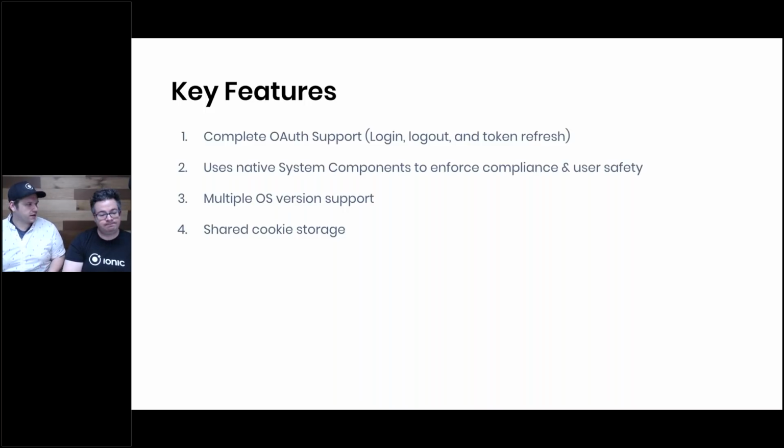So if you're building something like internal apps across your company, using these native components to do this authentication allows you, because they're secured and you're blocked from accessing any of the data, to do things like shared cookie storage. Essentially your user might log in on one of your internal apps and they don't have to log in like 500 times for all your other internal apps.